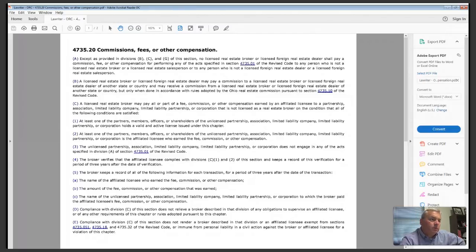And that gives you the actual code section that applies to brokers and paying out commissions.